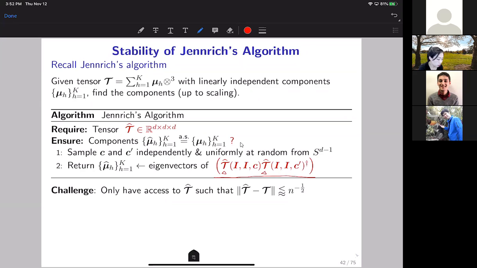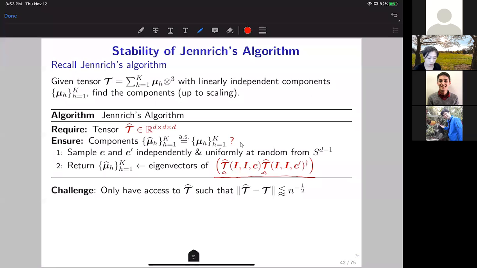You would still sample from the unit sphere, c and c prime independently and uniformly, then do this transformation to get T hat(I,I,c) and T hat(I,I,c prime) pseudo inverse, and you then do eigen decomposition for that matrix.